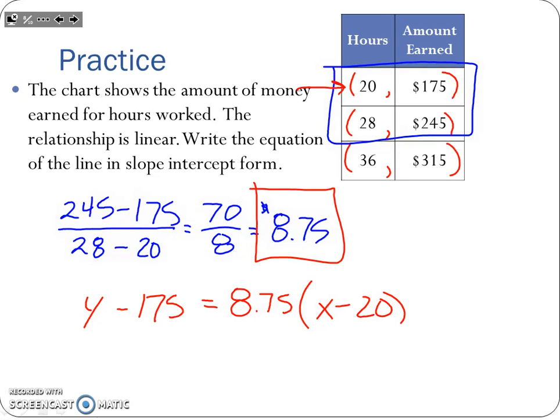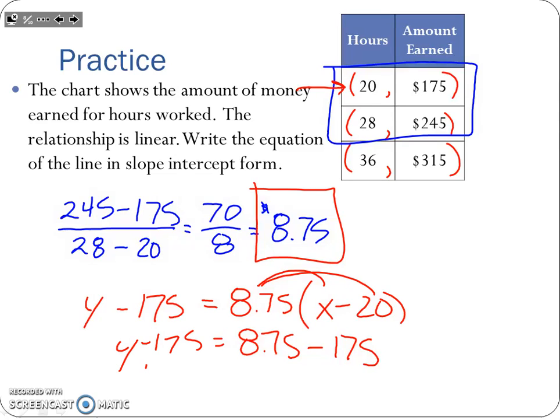Okay, I'm going to go ahead and distribute. When I distribute, that gives me 8.75x minus, 8.75 times 20 is 175. And I get y minus 175 here. So when I add 175 to move that over, that ends up canceling over here as well.